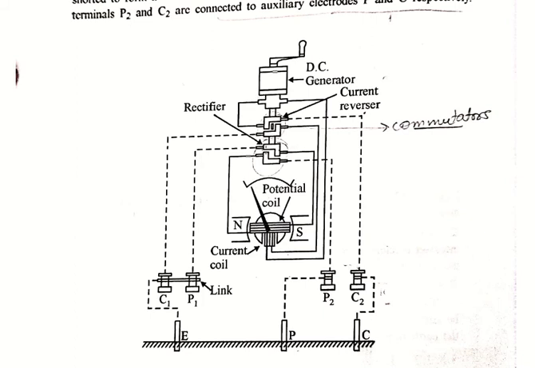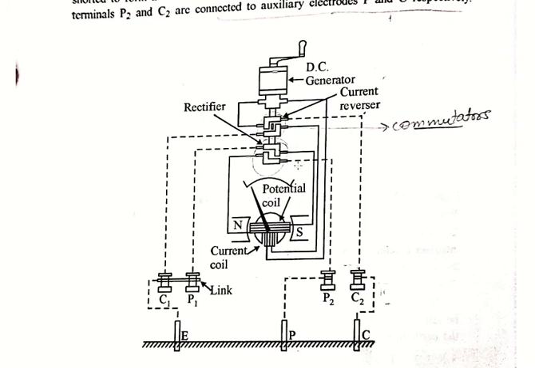In the rectifier also there is a similar connection. One bush is connected to P1 and the alternate bush is connected to P2, and one of the bushes is connected to the current coil, and another alternate bush is connected to the potential coil.